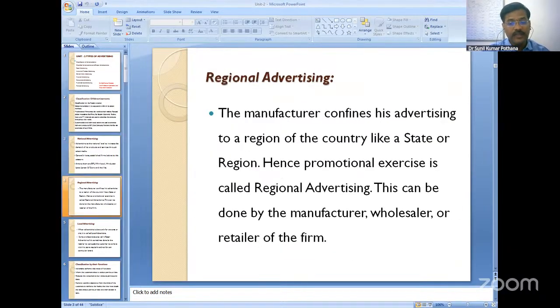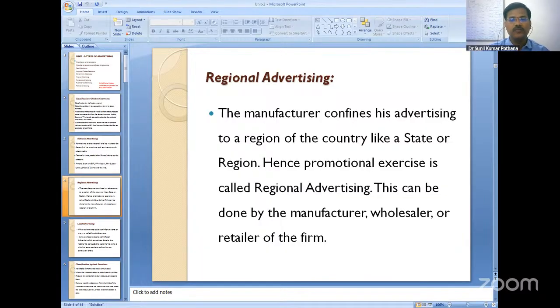Coming to regional level advertising. For example, our region is the Telugu region, Andhra Pradesh and Telangana.